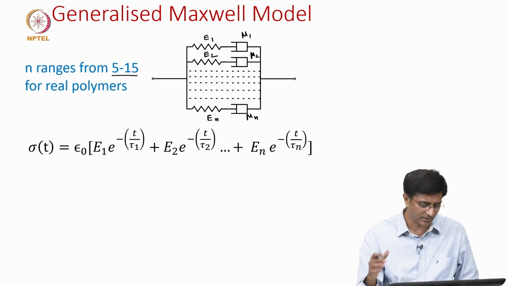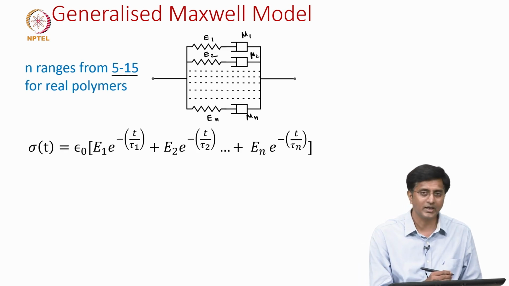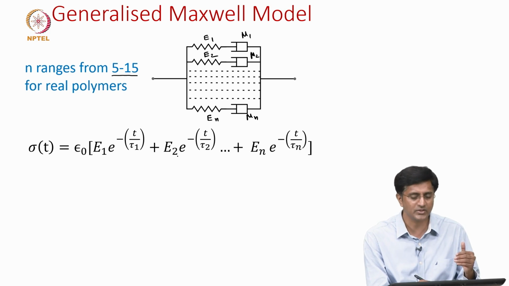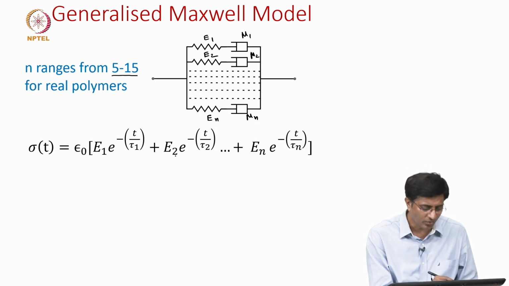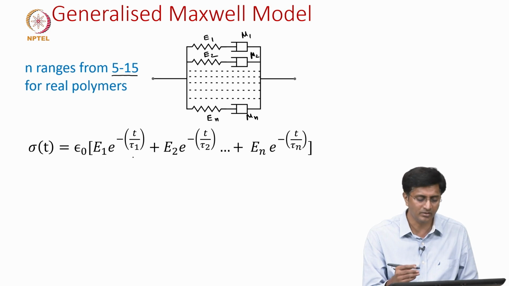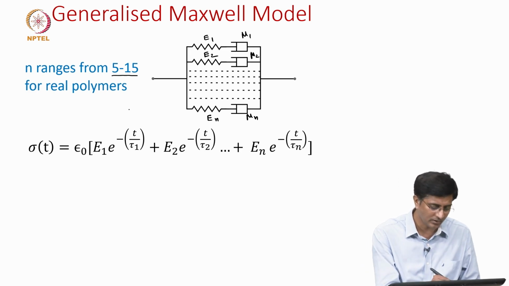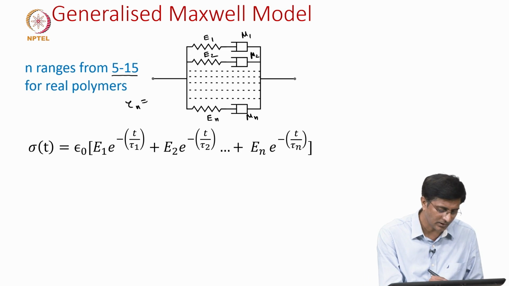Now, let us look at the relaxation response. Earlier we only had two terms because we only had two Maxwells in parallel, but now if we extend this to n in parallel, we have n terms, where the last term is En times e power minus t by tau n, where tau n is the nth relaxation time given by mu n by En.